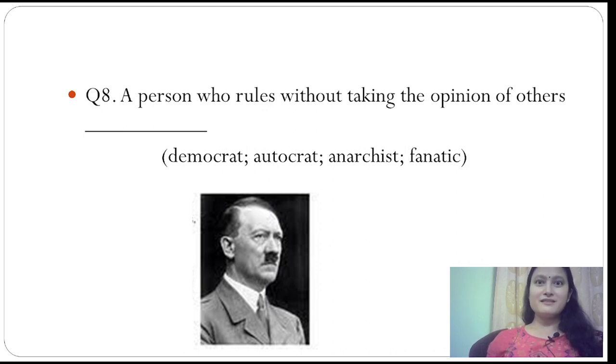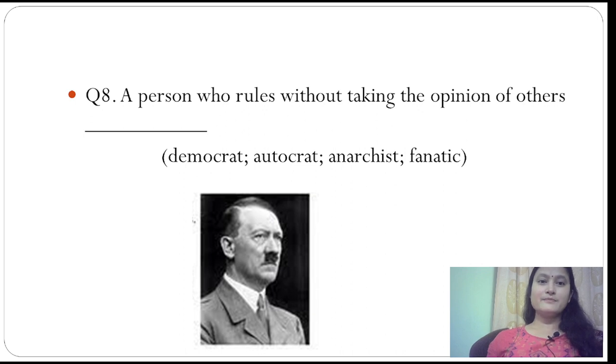Auto means self, जो self का rule करे. Crazy means your rule, यानी कि शासन. तो autocracy becomes जब कोई person खुद से rule करता है. So Hitler, you must have heard how autocratic he was. So he was an autocrat.